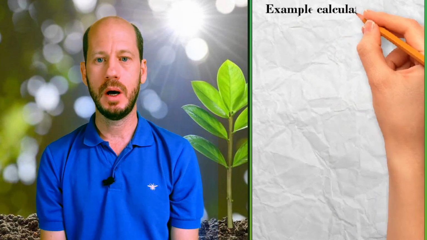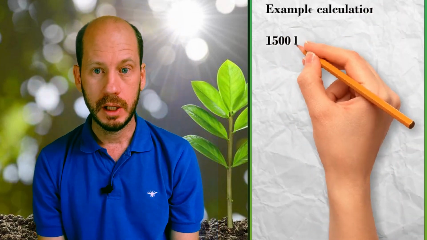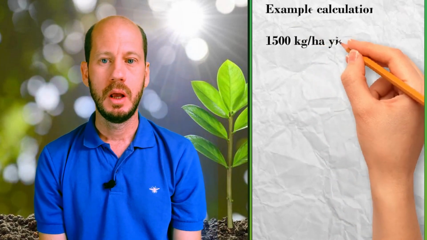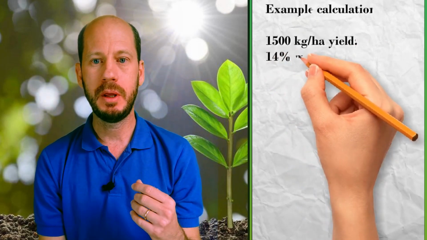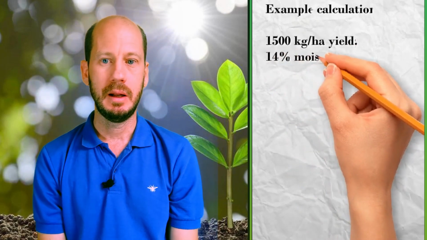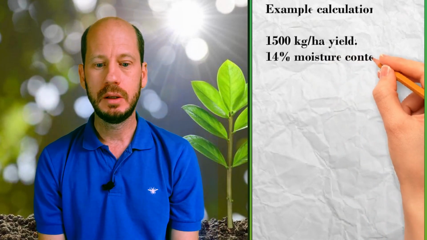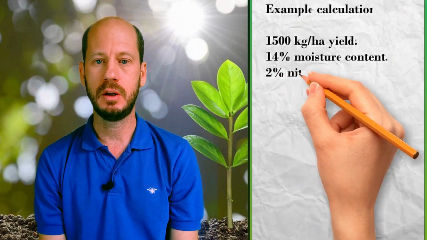And now let's make one simple calculation. Imagine that you have a crop and you are trying to recommend how much compost you will add to supply the nitrogen for that crop. In this example it will be wheat, and your expected yield of wheat will be 1,500 kilograms per hectare.